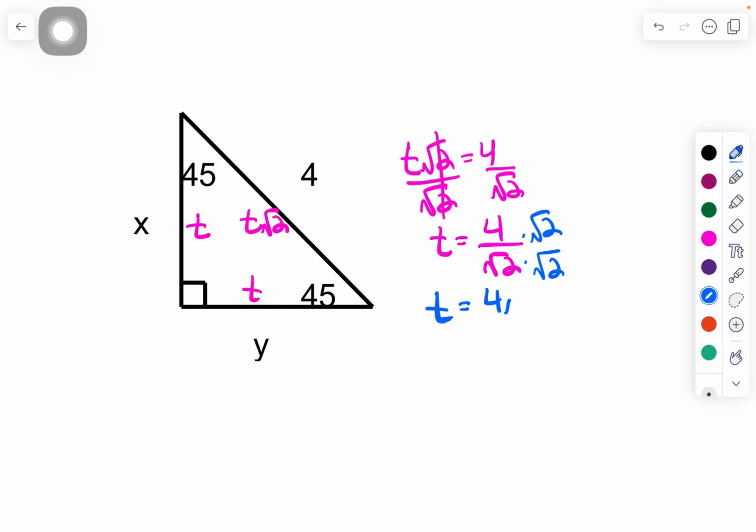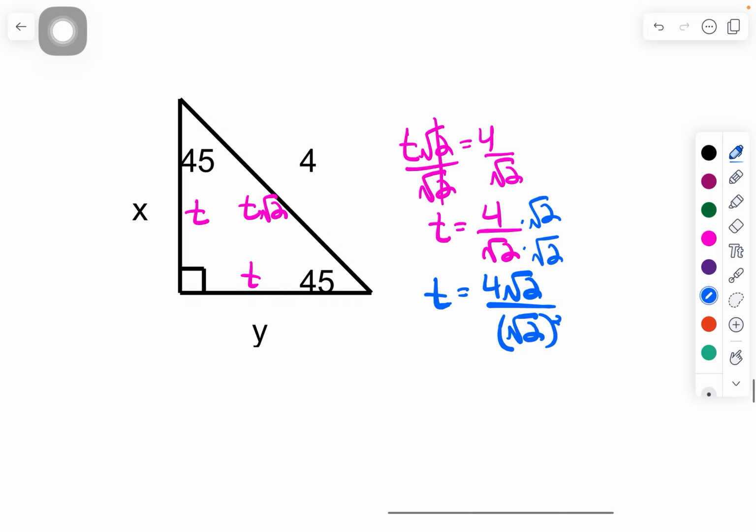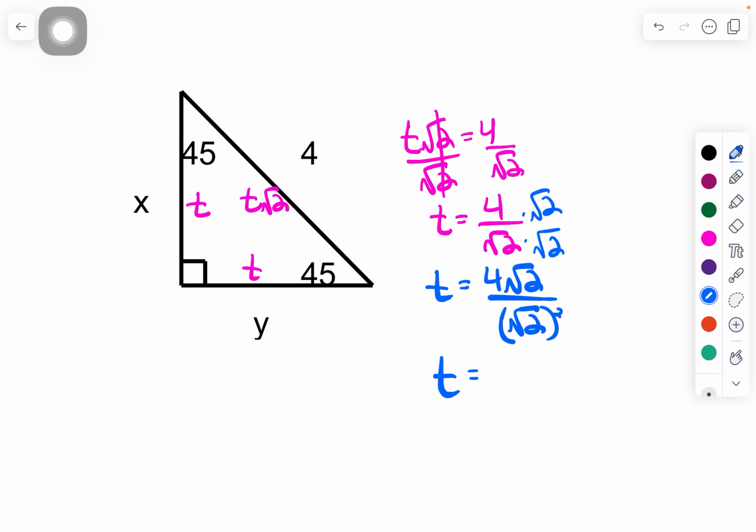So this becomes 4 root 2 over root 2 squared, which at some point you might recognize, oh, wait a minute, root 2 squared is just 2 because the root and the power undo each other. So that square root and that power of 2 are inverses. It just leaves behind 2. But wait, you're not done.